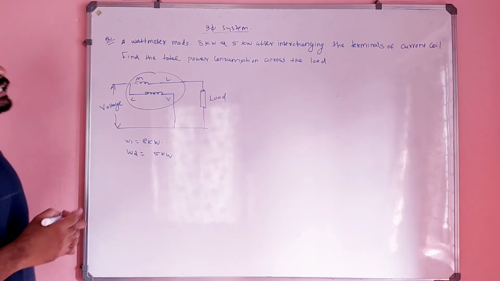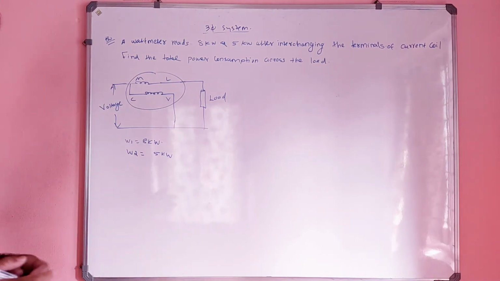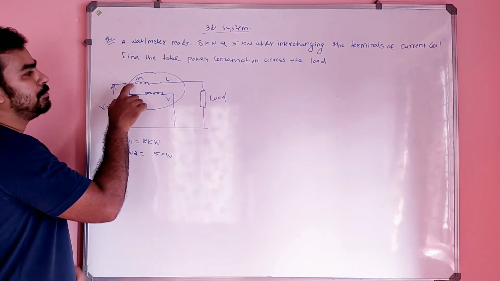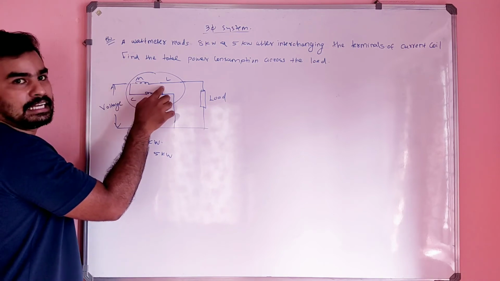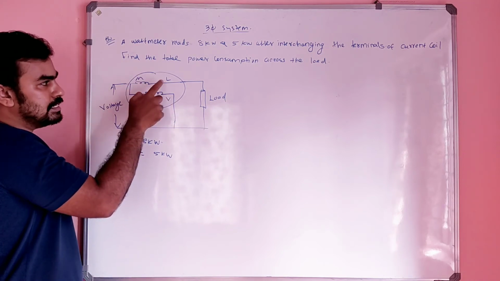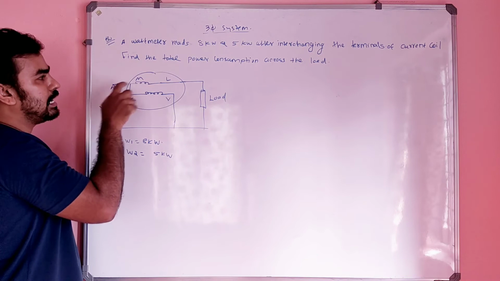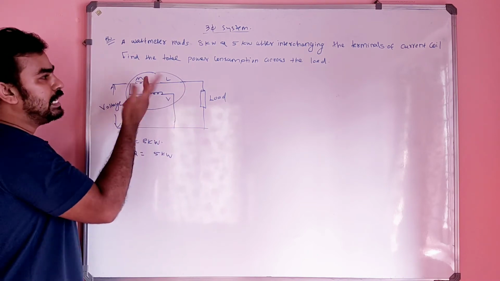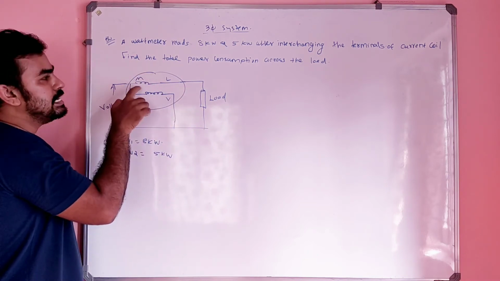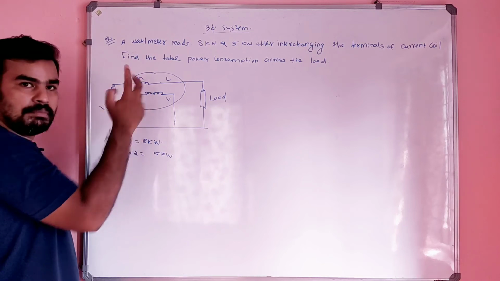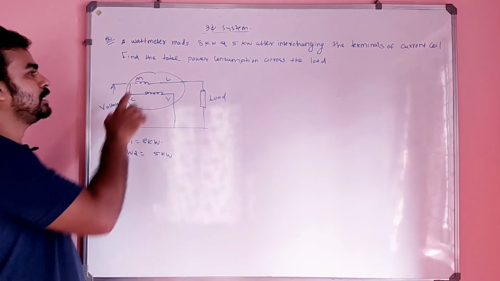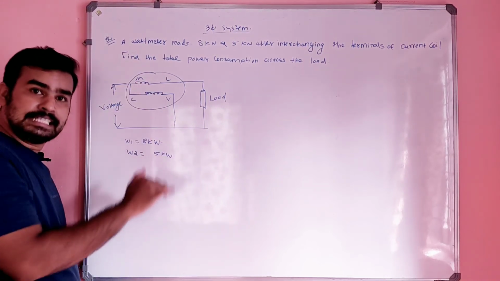These are the terminals of the current coil, M and L. If you interchange, you connect this L here and M here. The direction of the current through this coil will be reversed.